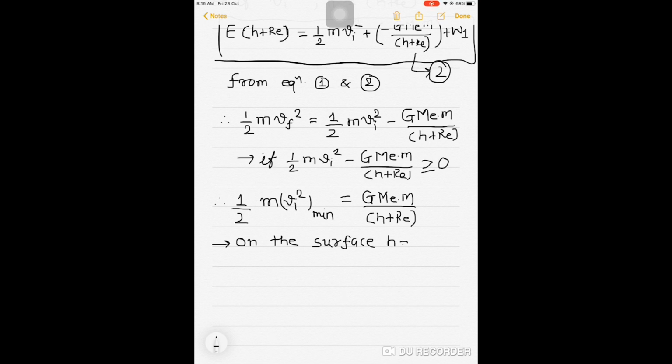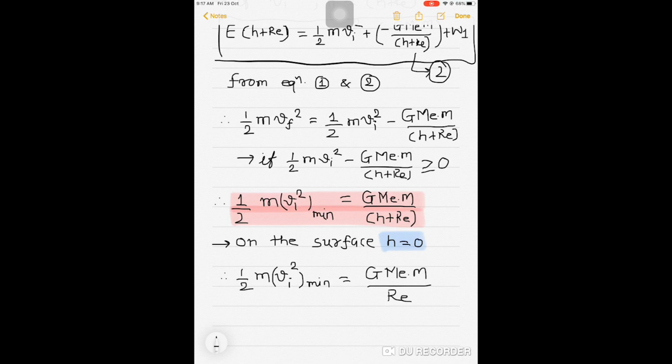Now suppose we consider h to be 0 on the surface. In that case, this equation will have h equals to 0 in it. So if we put h equals to 0 in this equation, we will have 1/2 m vi square with the minimum value equal to G Me m over Re.